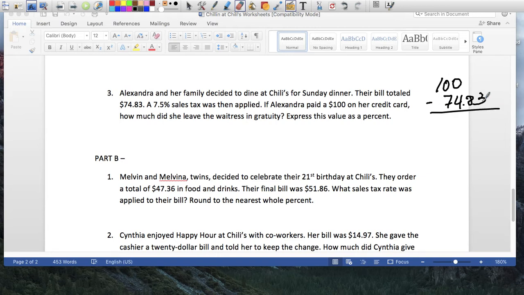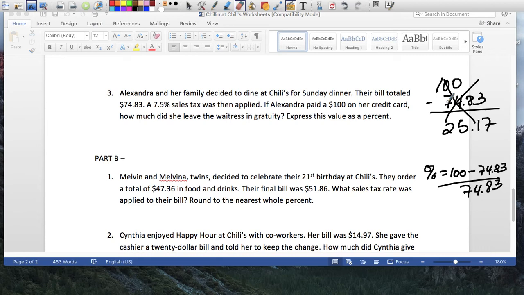So 100 minus 74.83. This difference here was what she gave as tip, and I don't know why I'm doing that because I should have done this: 100, find the difference, 74.83 over 74.83. Sorry.